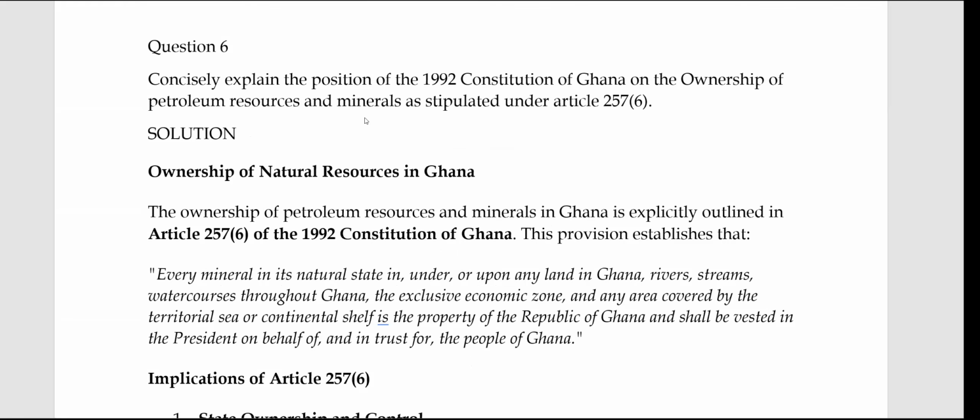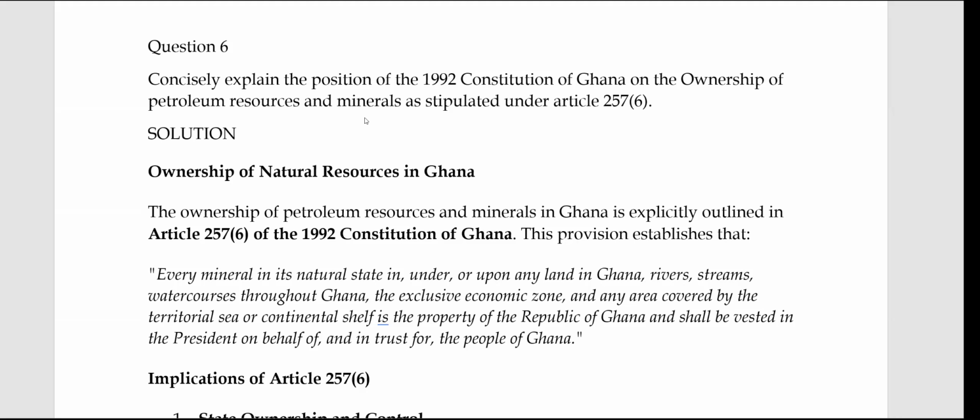Now, you see, when we started, I told you ownership of natural resources can come as a question. This question, 8 marks. It can come for 5 anyway. Concisely explain the position of the 1992 Constitution of Ghana on the ownership of petroleum resources and minerals as stipulated under Article 257(6). Do we have to write the article?